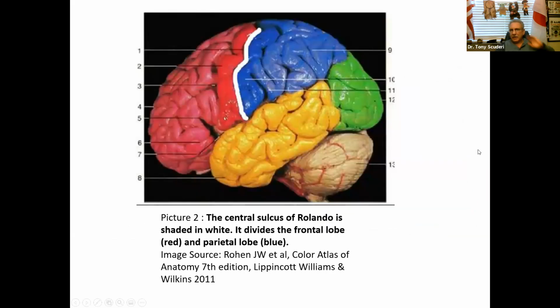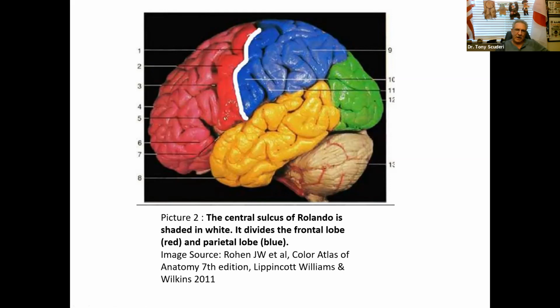So this is, of course, a diagram of the brain, and we can see here in the picture, the central sulcus of Rolando is right here in white. As you can see, yes, it cuts the brain right in half. It's the center part of the brain. And we have here the motor center, and we have here the sensory motor center. So it takes the motor center and the sensory motor center and splits that right in half. That's your Rolando sulcus.